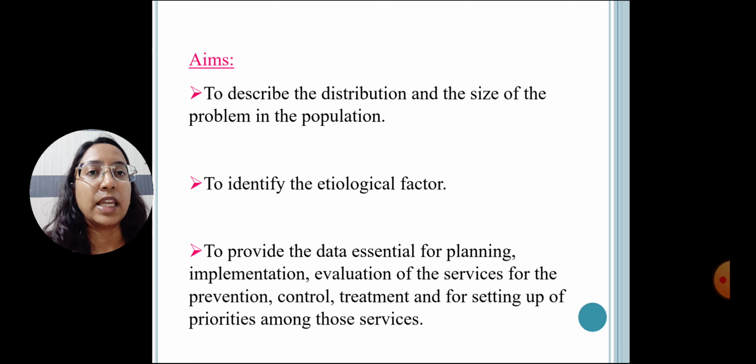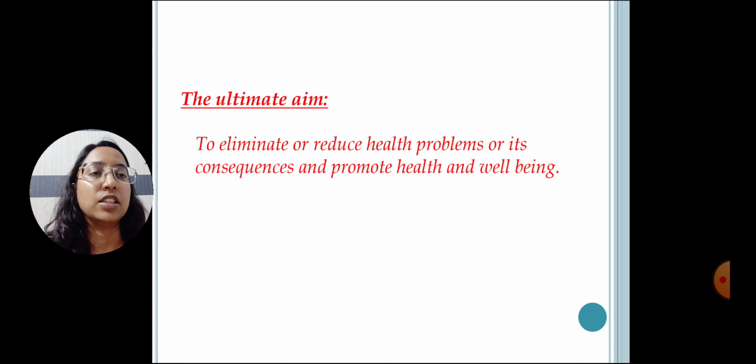The first aim is to describe the distribution and the size of the problem in the population, to identify the etiological factor, to provide the data essential for planning, implementation, evaluation of the services for the prevention, control, treatment, and for setting up of priorities among those services. Ultimately, the epidemiological study is used to eliminate or reduce health problems or its consequences and promote health and well being in a population.